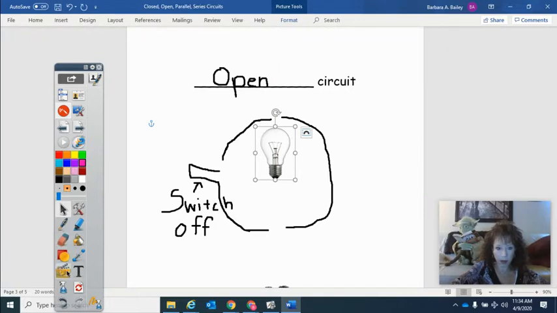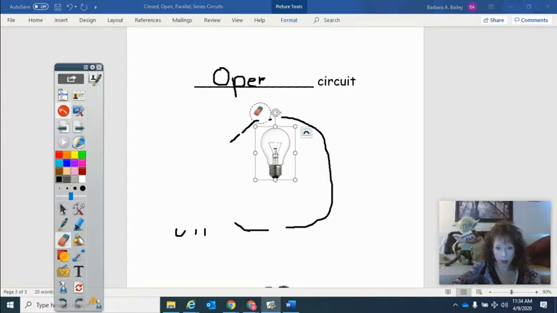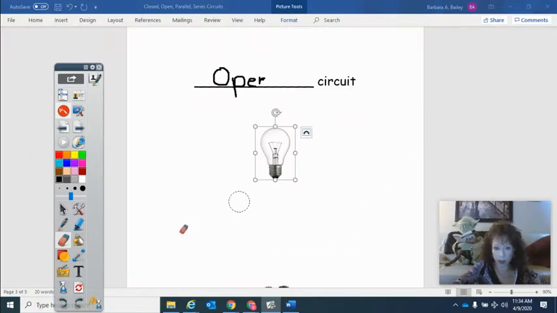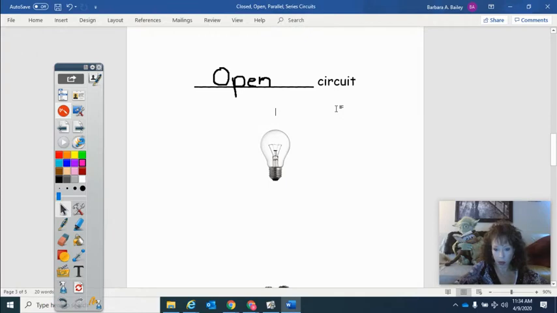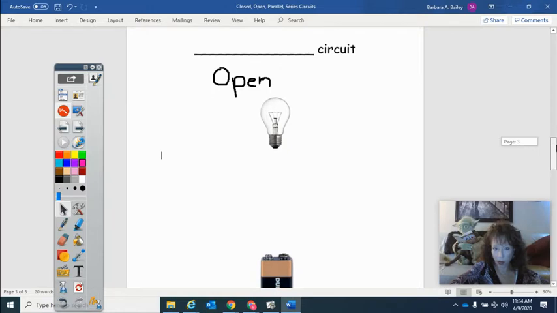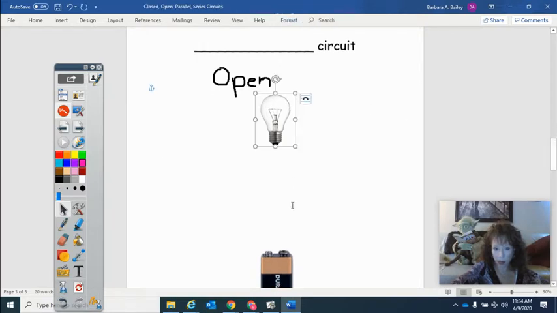Let me just erase it. Okay, so my open circuit, though, we have a break in the flow of electricity, and so it's not completing the circuit. Okay. All right, I'm just totally messing that up.